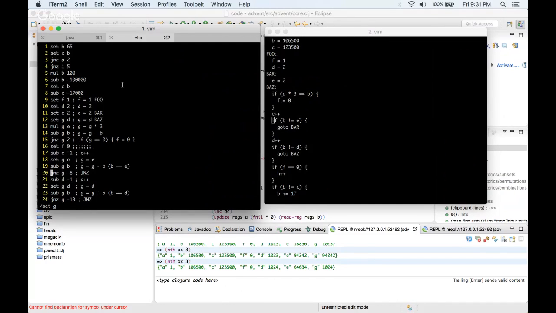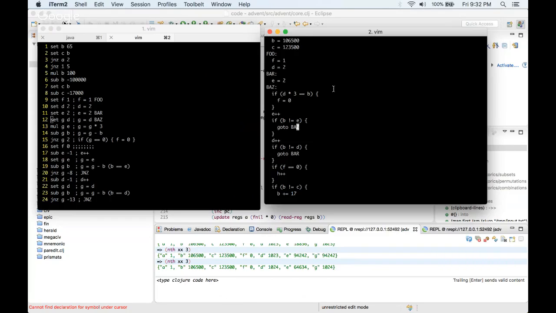Jump non-zero. Set G to be E, then subtract this. And if the result is not 0, then jump up. Okay, so this actually should be like this. Okay, this makes a lot more sense.